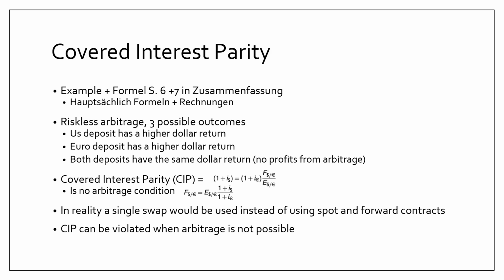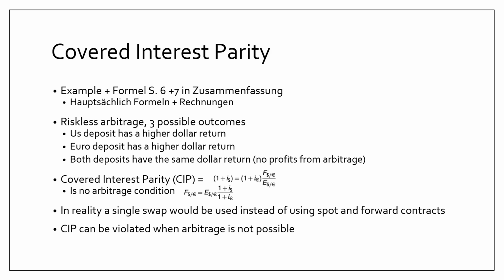After completing all the calculations, there are 3 possible outcomes. The US deposit has a higher dollar return, the euro deposit has a higher dollar return, or both deposits have the same dollar return. Only when both deposits have the same dollar return are there no profits from arbitrage.